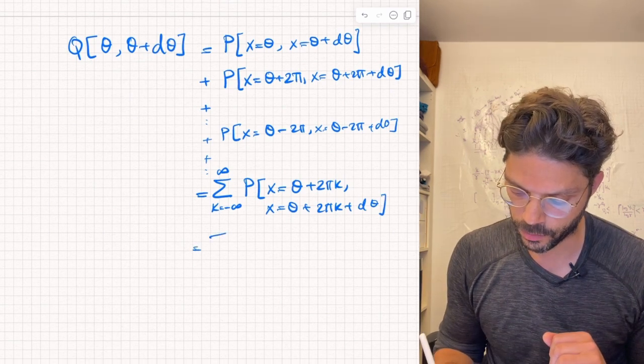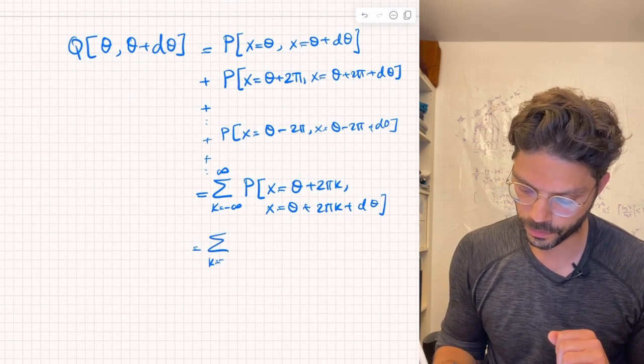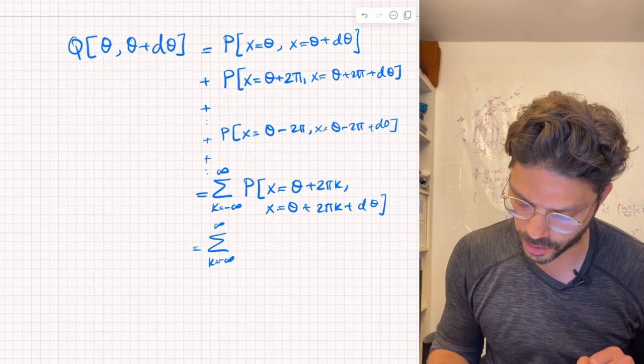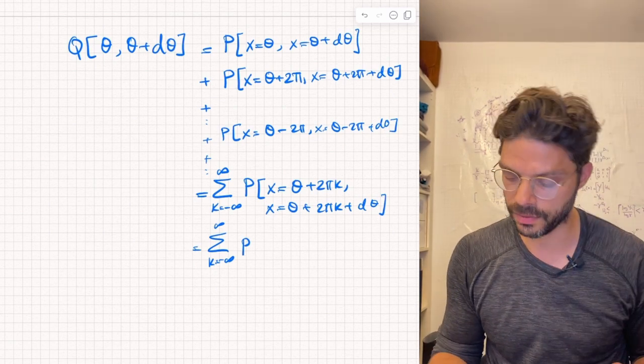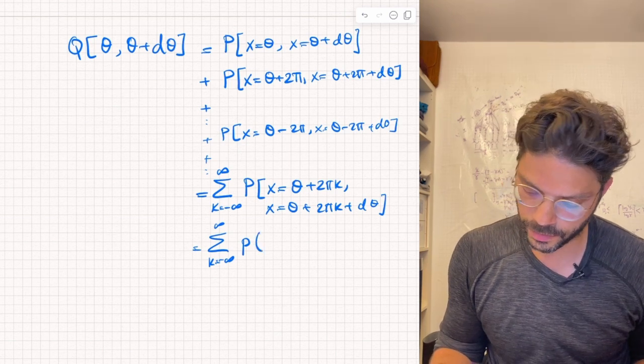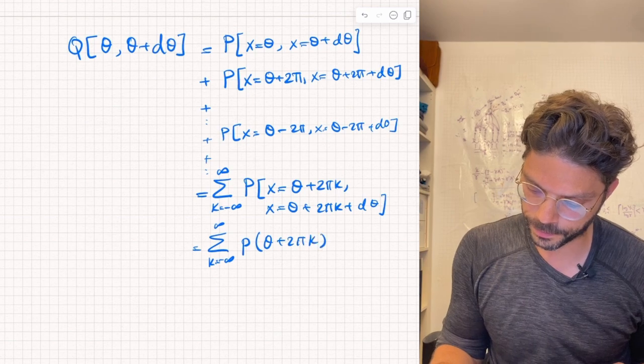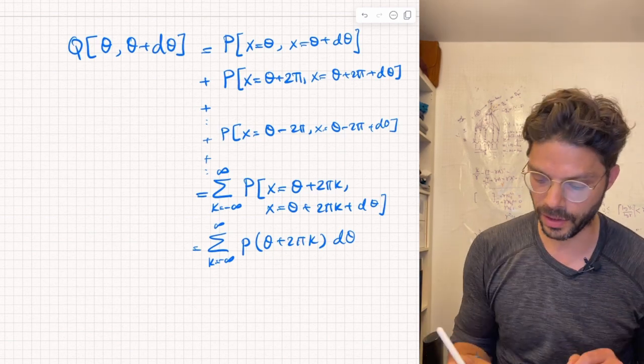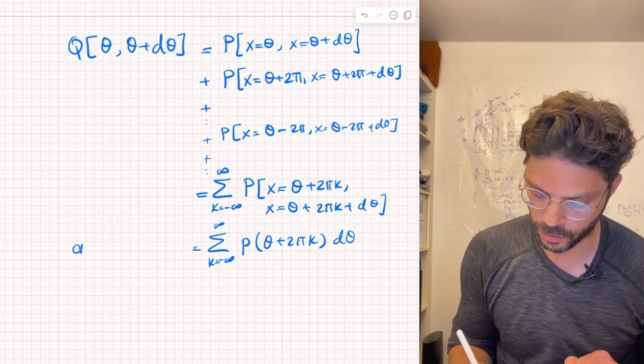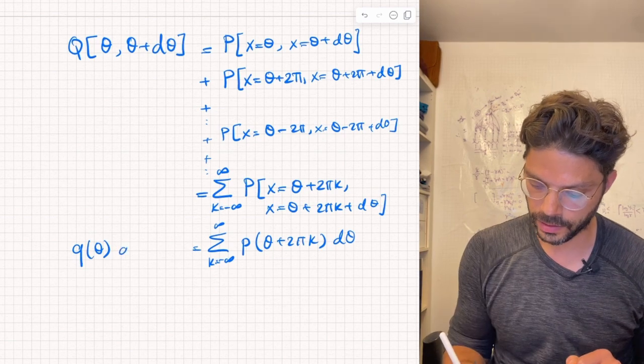And well, what is that? When you make the d theta very small, that's just going to be p of theta plus 2 pi k, d theta. And what do you have on the other side? Well, it's going to be q of theta, our density, times d theta.